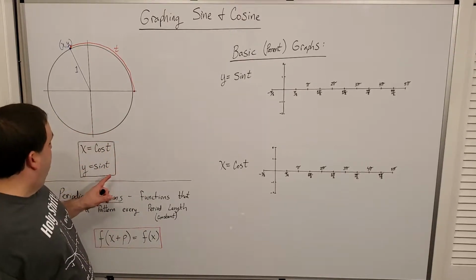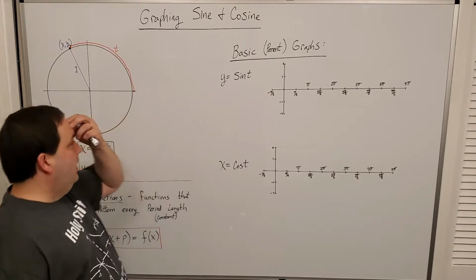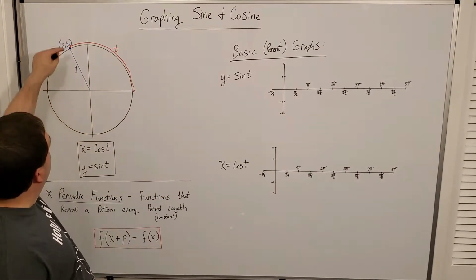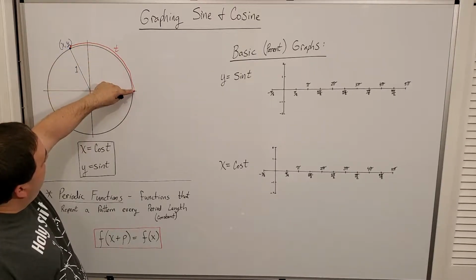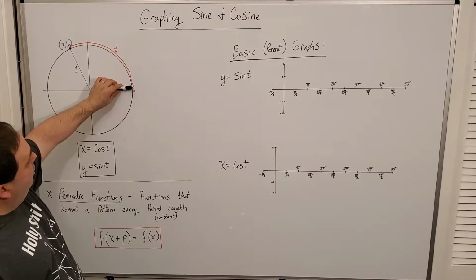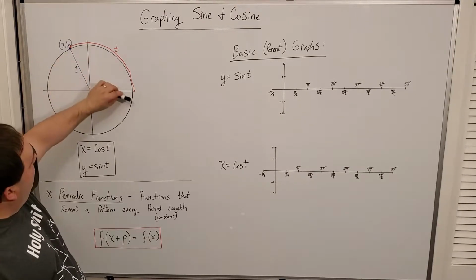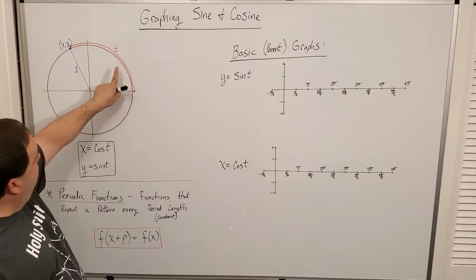So sine is the y value. So what I want you to do is I want you to picture the point right here, okay? But we're going to start at 0. I'm going to start right here, and then I'm going to rotate like this, okay? So I'm going to rotate in the positive t direction like this.